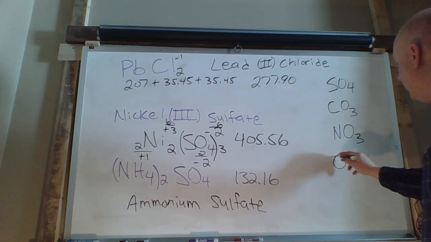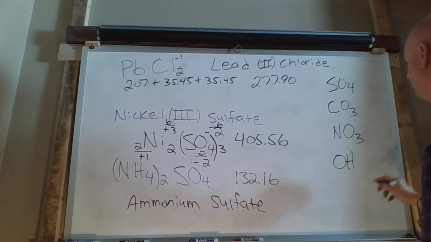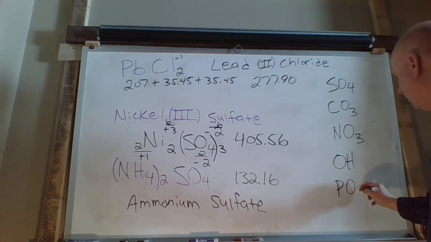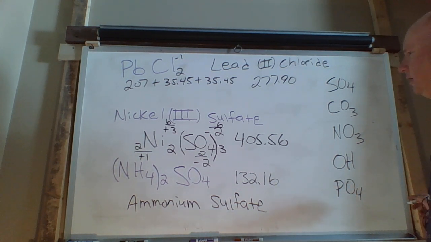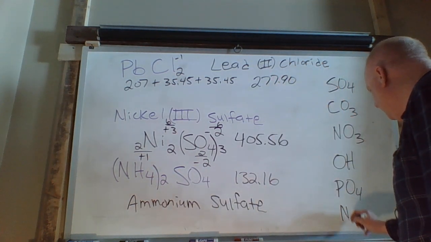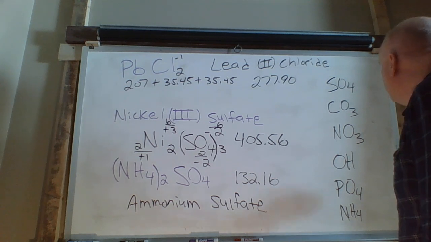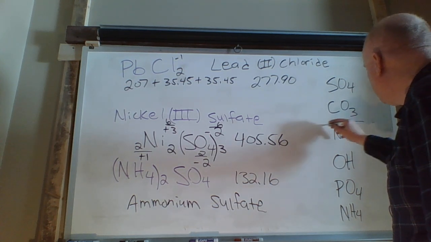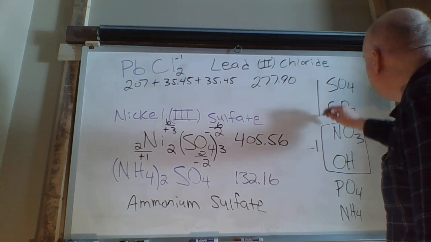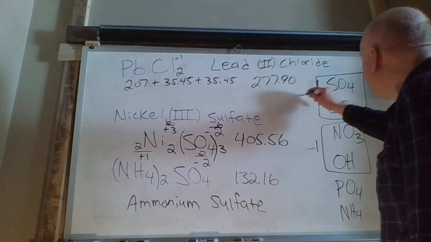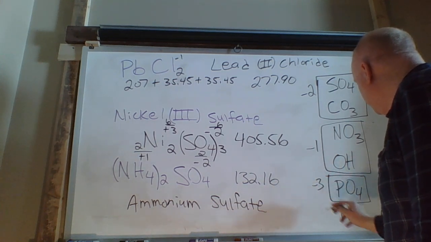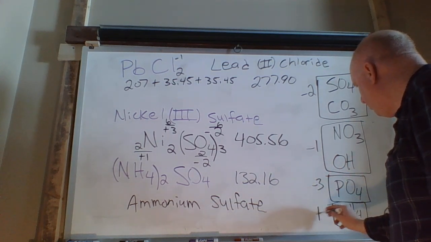And then hydroxide is this. And then phosphate has phosphorus in it. So that's PO4 then. And then we discussed your only positive charged one is NH4. So in this case, these two are -1, these two -2, this one -3, and then this one +1.